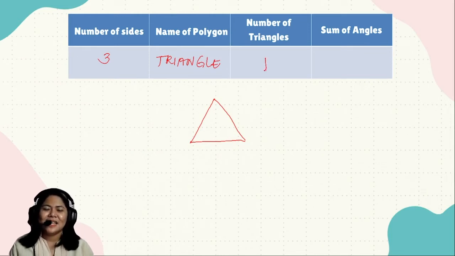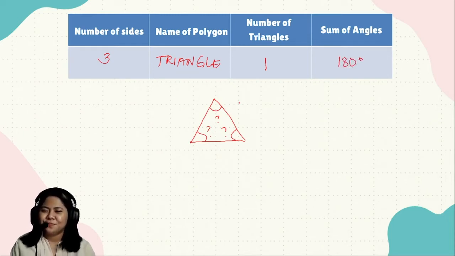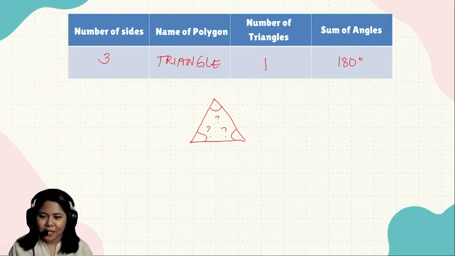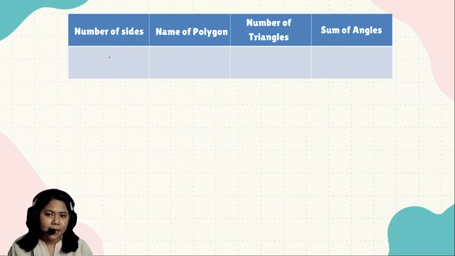Next, sum of angles. Anong measure ng angles nito pag pinagsama-sama? Okay, the correct answer is 180 degrees. Okay, good. Next. Okay tayo sa triangle ha. How about a four-sided polygon?